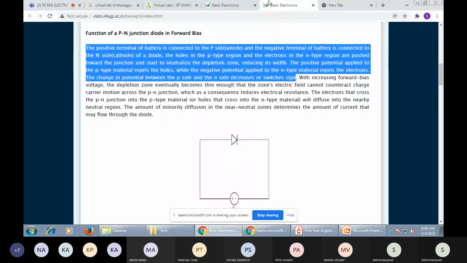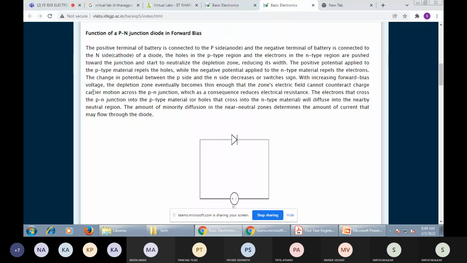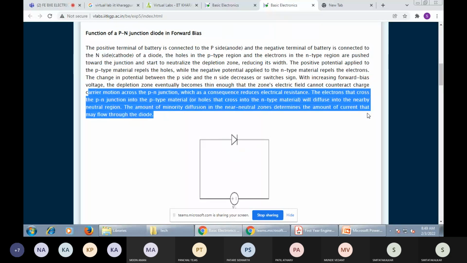PN junction. With the formation of the PN junction, the barrier potential voltage increases. The majority carriers, the electrons, create a positive charge, and the majority carriers, the holes, create a negative charge.